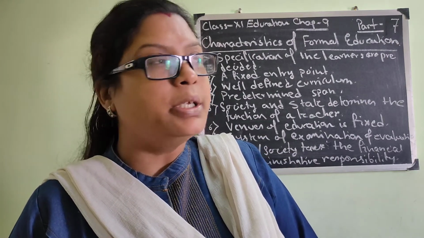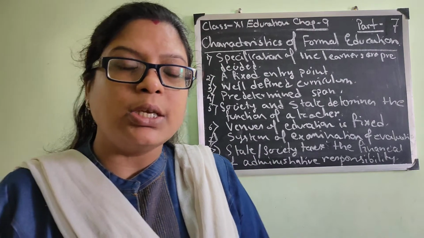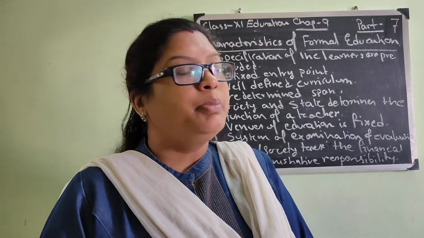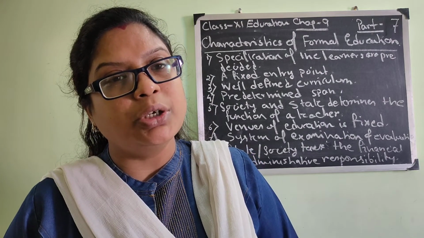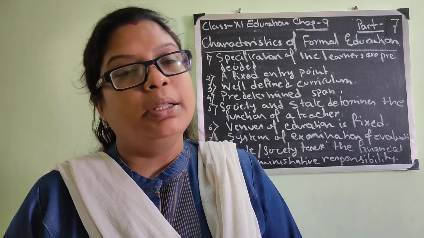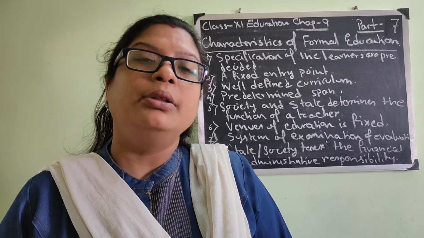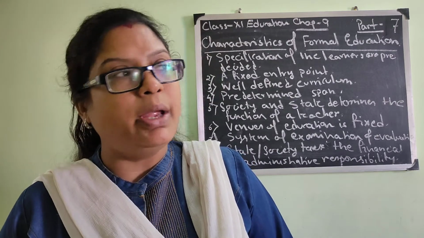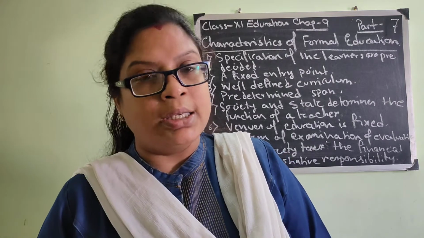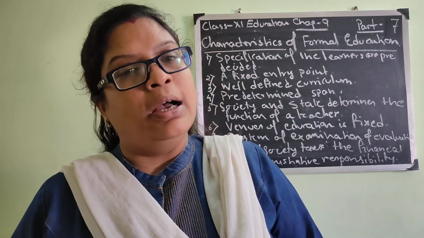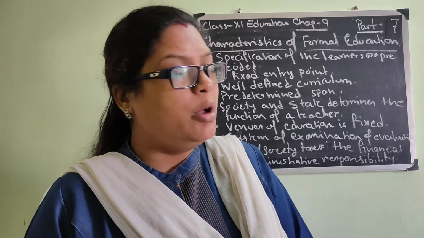It can be a school, a college, a university, wherever it may be. The teachers and the professors are bound by some rules and regulations. The curriculum is also fixed. The students, how they will enter, in which class they will enter and what they will read, everything is fixed and controlled in a formal system of education.